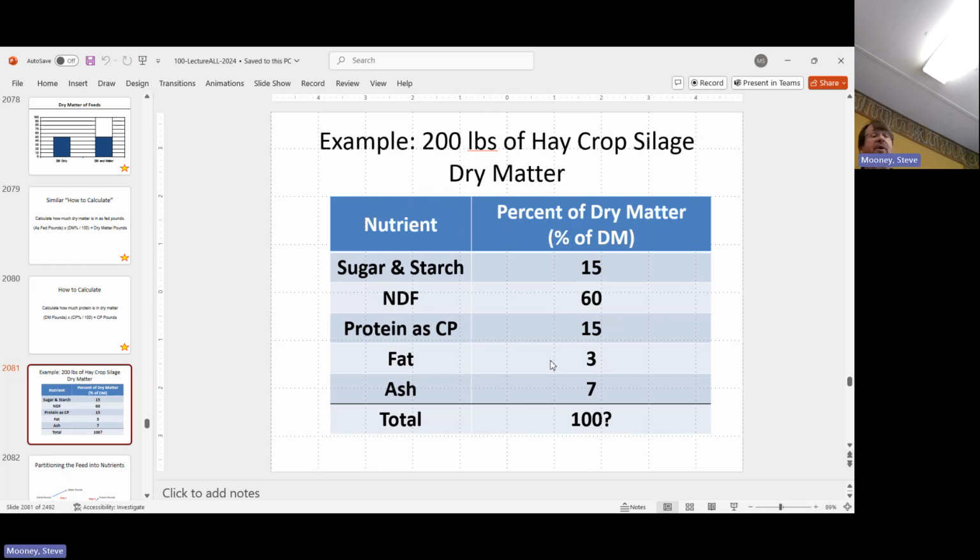Water we took out because we're on a dry matter basis. What's the other one? You had them 2 minutes ago. Carbohydrates are up there as what? Sugar and starch and NDF. So carbohydrates are up there twice. Which one's missing?